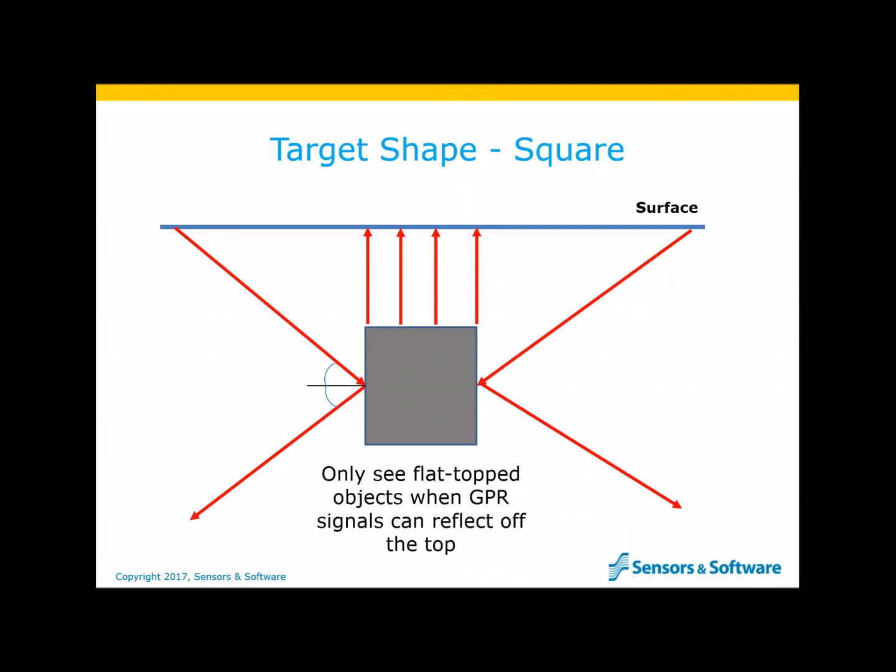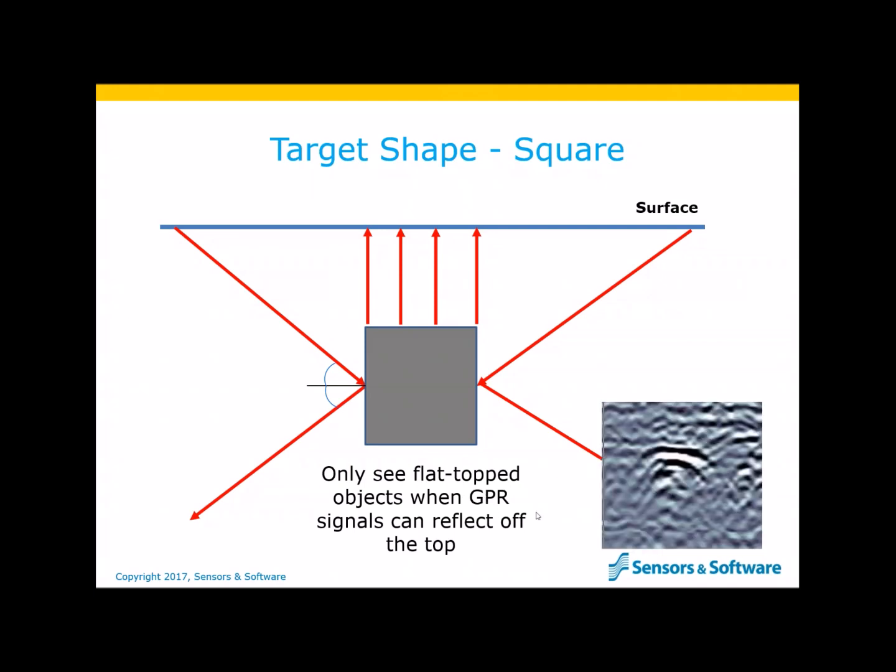So the response from a square object, like a buried foundation wall or a duck bank, will not be a hyperbola with long tails. It will be a flat response. Now, you will get slight hyperbolic responses off the edges because of the corner reflection, but nowhere near as strong as a round object.